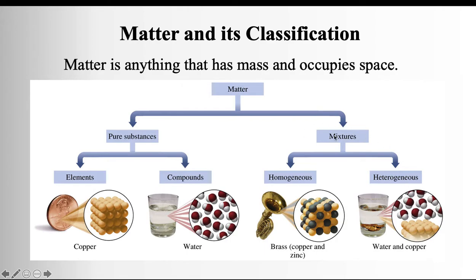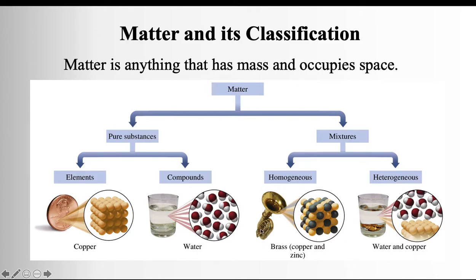The mixtures, obviously just from the name, are made up of two or more objects or molecules or compounds or atoms. We have homogeneous mixtures and heterogeneous mixtures. The difference between these two is that in a homogeneous mixture, you cannot tell the parts from each other.